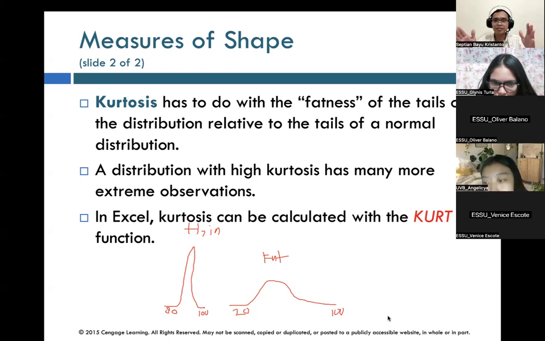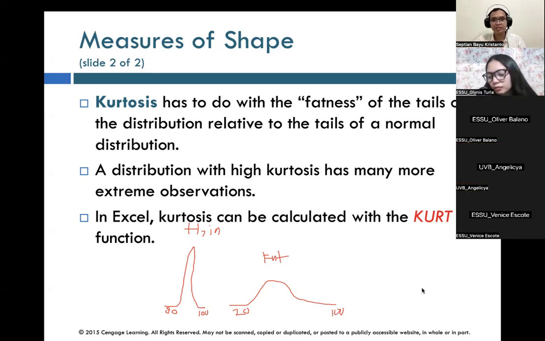So the range is very high if you have fat kurtosis. But if you have thin kurtosis, the range of your data will be short, much shorter than with fatness. This is the meaning of kurtosis.